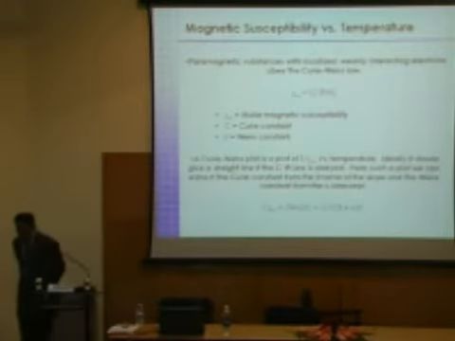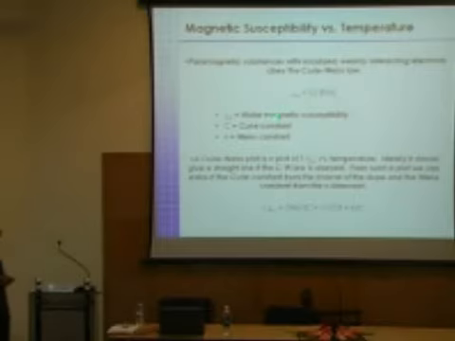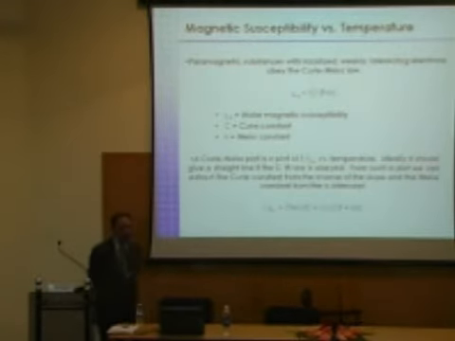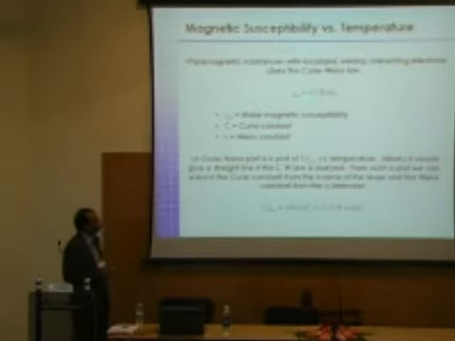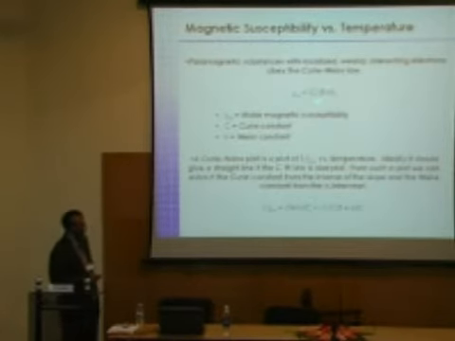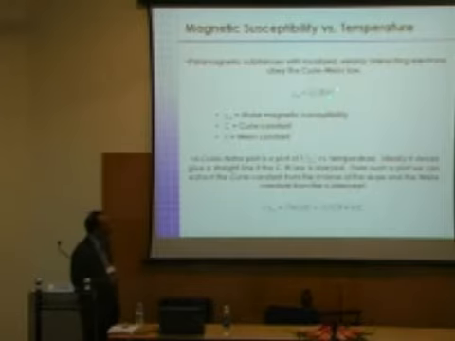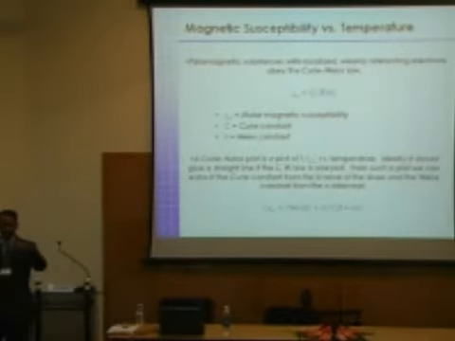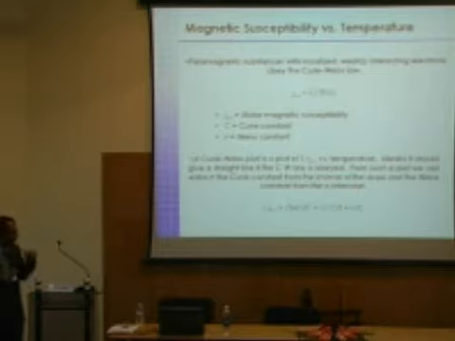Regardless of whether they turn antiferromagnetic or ferromagnetic, at the high temperature region, most of the time, the magnetic susceptibility, which is defined as the magnetization to the applied field ratio, is given by an equation C, which is the Curie constant divided by the temperature of the system plus a Weiss constant, which tells us whether the system is going to order antiferromagnetically or ferromagnetically.